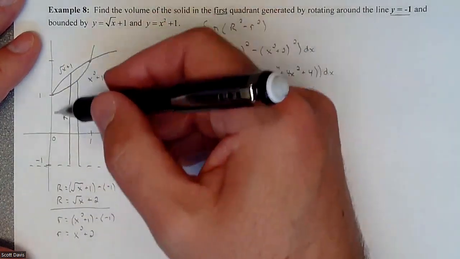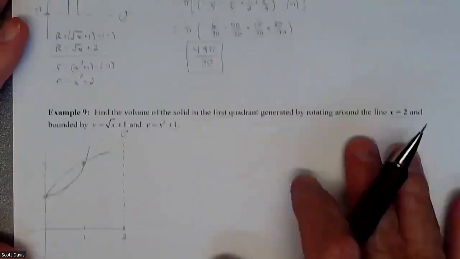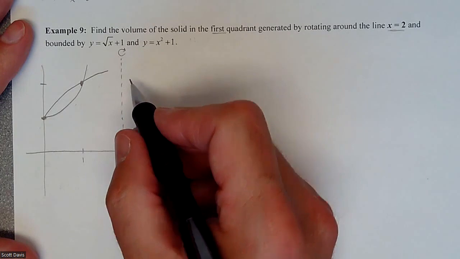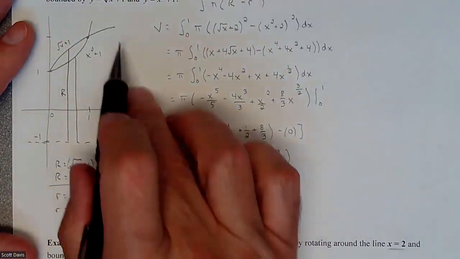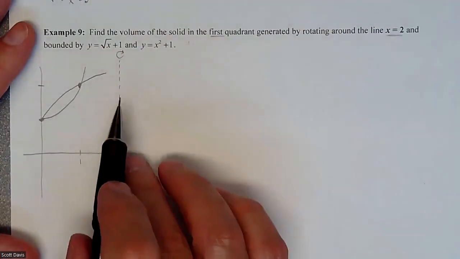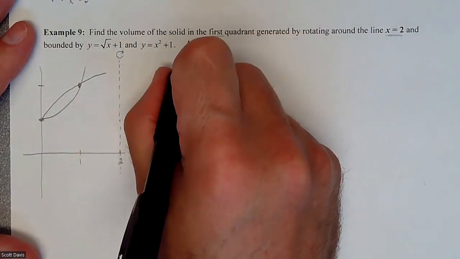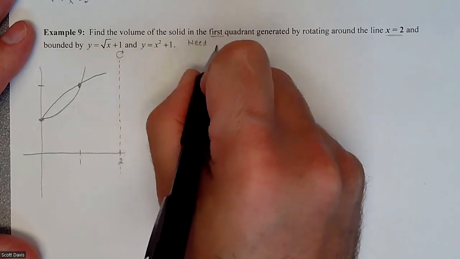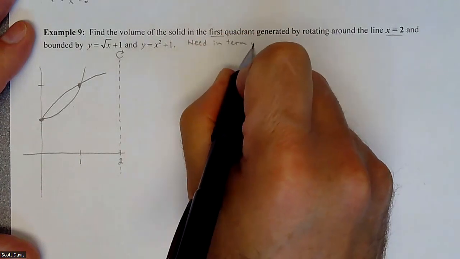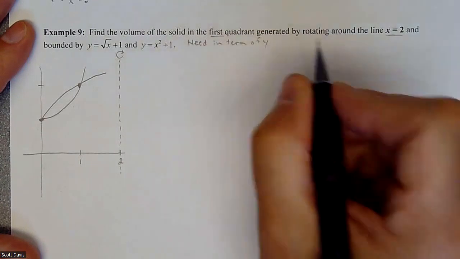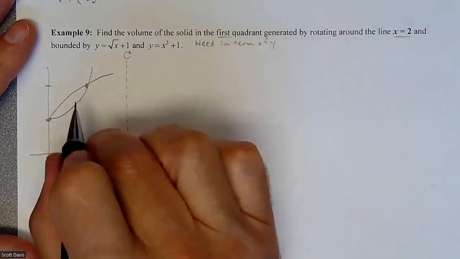We can leave everything in terms of y. But once we go to a vertical, now we're talking about everything in terms of x's. This one's going to be, everything is going to need to be in terms of y's.